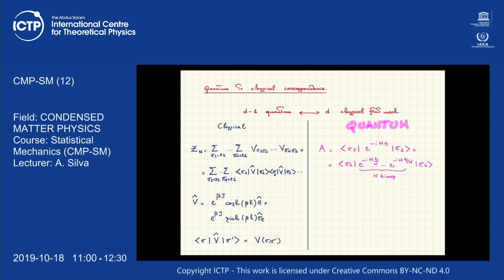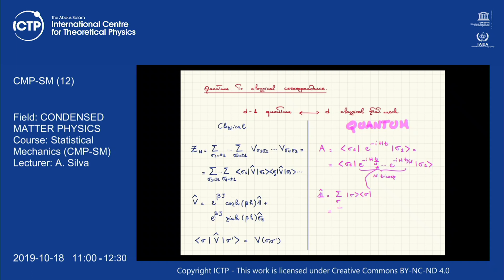I can do that. And then I can put what is known as a resolution of the identity in between each exponential, right? You know what is a resolution of the identity? It means that the identity is equal to the sum over sigma of |sigma><sigma|. People call it in many different ways, but I put this in here and see what comes out. And what comes out is this.